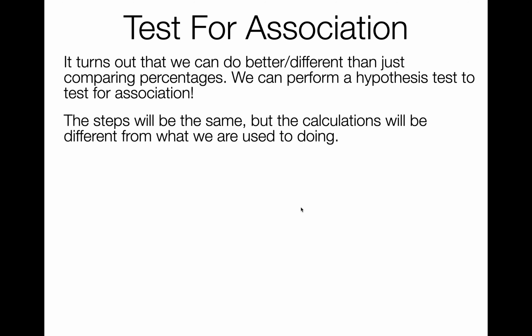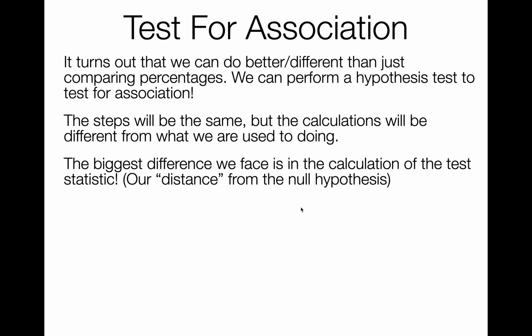Same steps, but of course the calculations are going to be different from what we're used to doing. It'll be a little more weird than moving from p to mu, because we have categorical variables. So the biggest difference that we're really going to run into is actually making that test statistic.